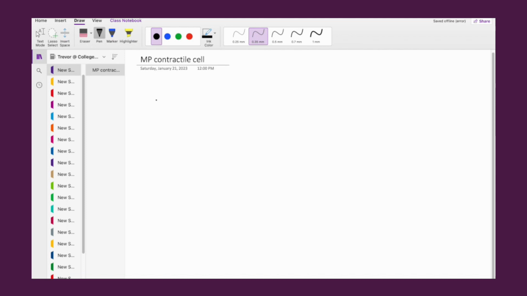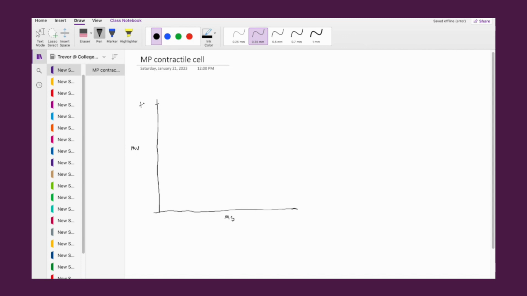Okay, so the first thing we're going to have are just our axes like we had last time. So we've got a y-axis and an x-axis. Of course, this is going to be membrane potential, and we measure that in millivolts. Down here we have time, and we measure that in milliseconds. Just some things we can plot out here.